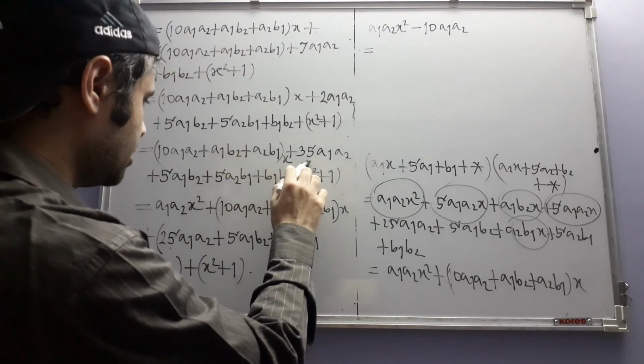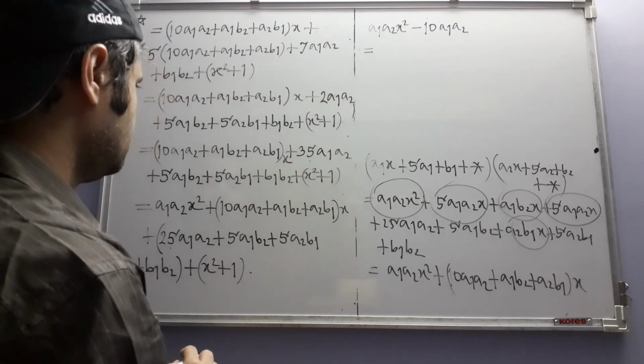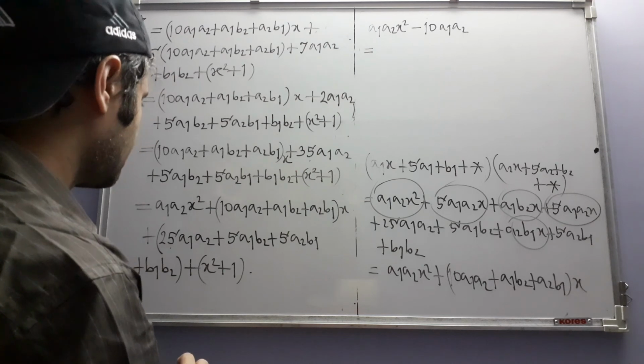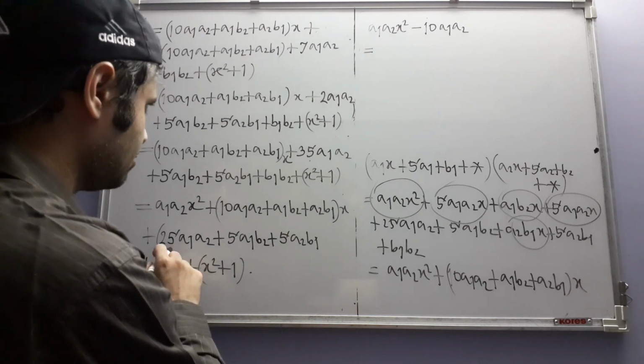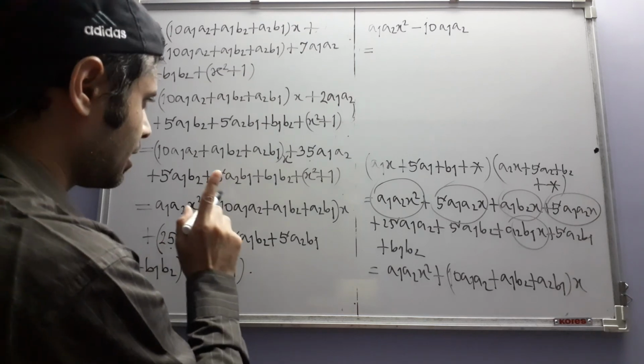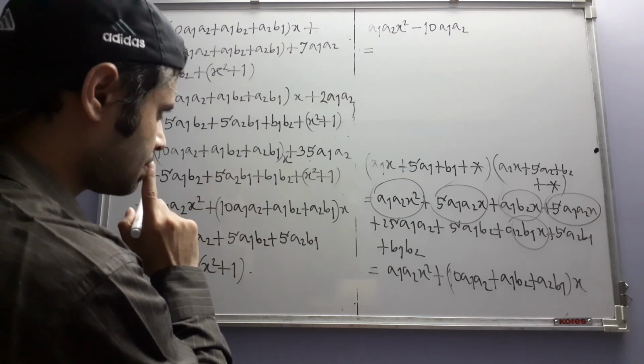Here we have written 35. In place of 35, I am writing 25 here. So that 35 actually is creating a problem, no?